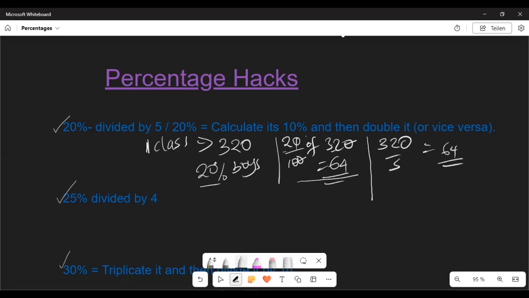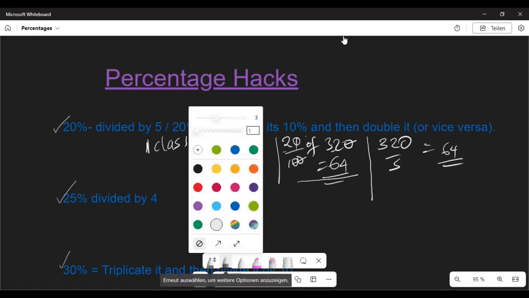So assume now you want to write 20 over 100 times 320. So let me show you how that one works.